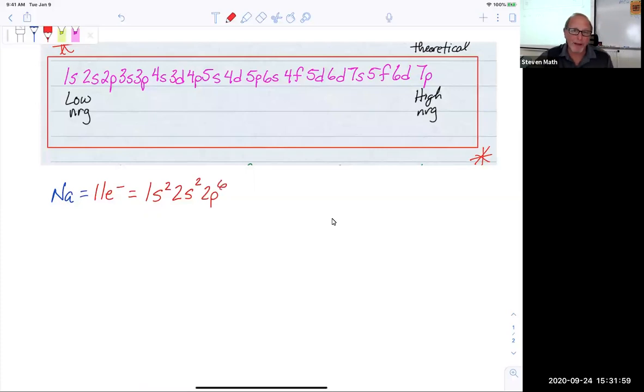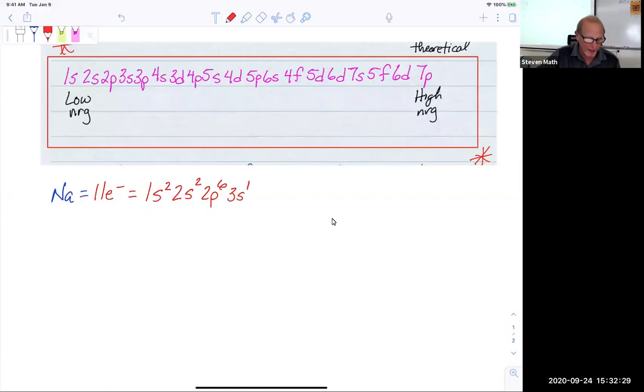Now, if I add up my superscripts, that's the number of electrons I've placed in these orbitals. 2 plus 2 plus 6, I've placed 10 electrons. I've got one more electron to place, and that has to go in the next orbital. So I grab my 3s orbital and put 1 electron in it.